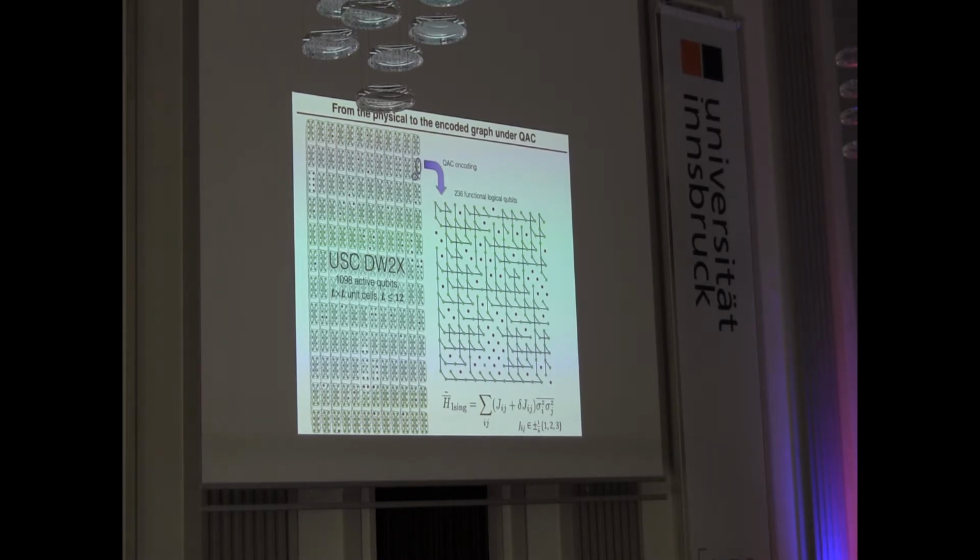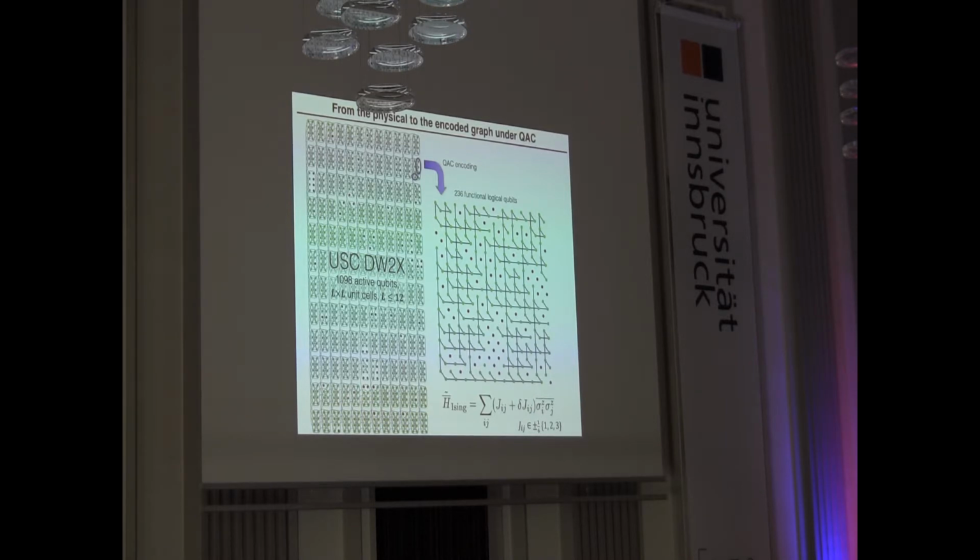So every green circle now represents 4 physical qubits. Every red circle, of course, is either a missing qubit or a missing coupler. So on the 2x, we ended up with a maximum of 236 functional logical qubits. And what we do is we consider the encoded Ising Hamiltonian, the same as I described before, with the same set of J's.